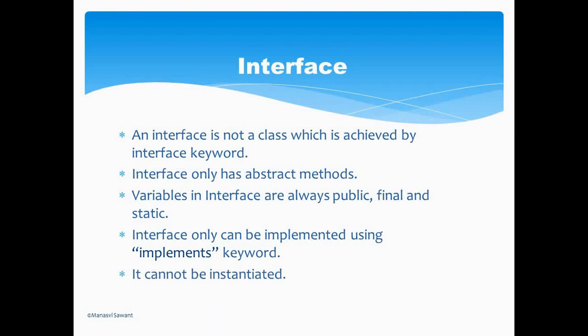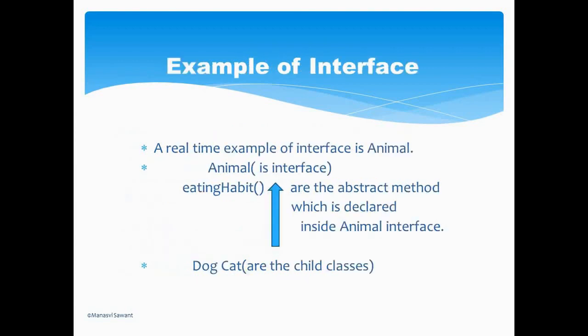Now let's see a simple example of interface. A real-time example of an interface is animal. Animal is an interface. Eating habit is the abstract method which is declared inside the animal interface. And the method eating habit is defined inside the dog and cat classes using the implements keyword.